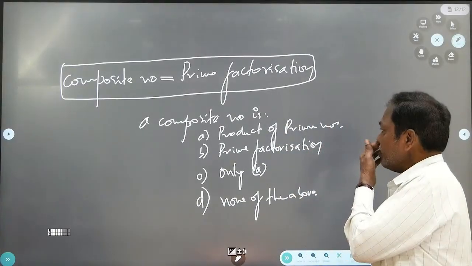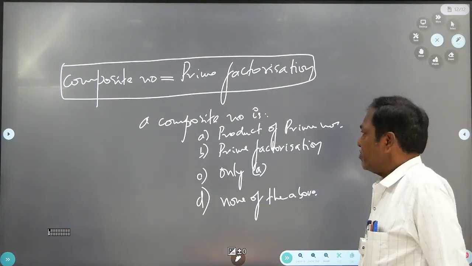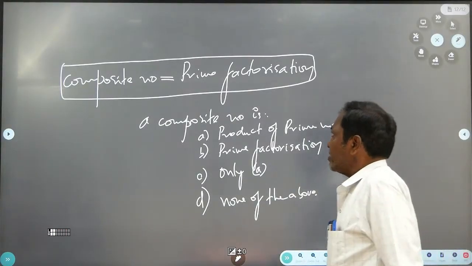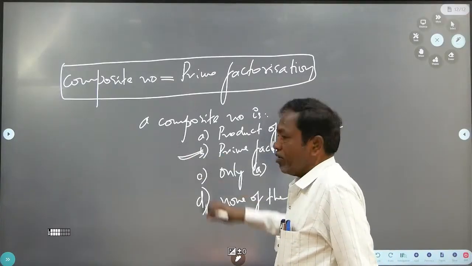See, product of prime numbers and prime factorization. So, we have to choose either A or B. Prime factorization is the correct option.